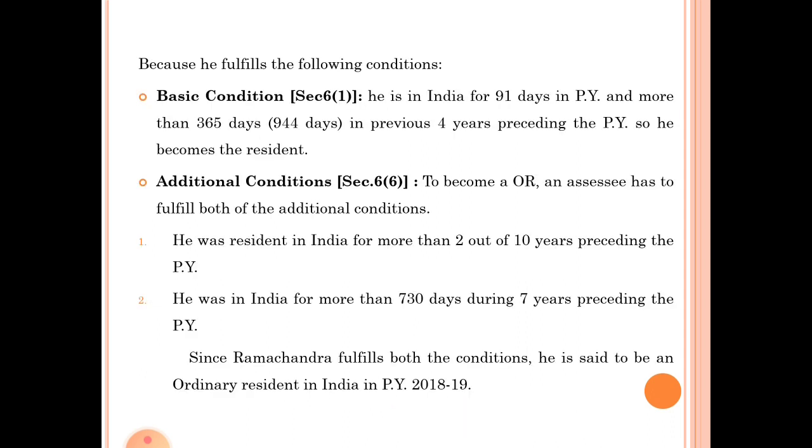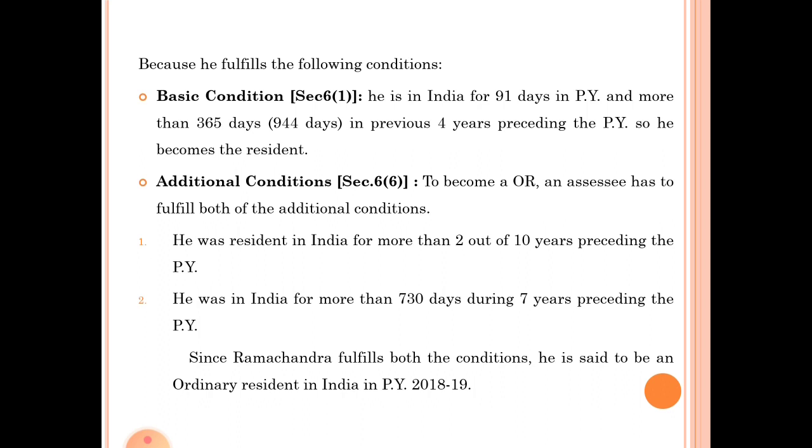See the explanation. Because he fulfills the following conditions, that is one basic condition under section 6 subsection 1, he is in India for 91 days in previous year and more than 365 days, that is almost 944 days in previous 4 preceding years. So he becomes the resident. He also fulfilled additional conditions under section 6 subsection 6.